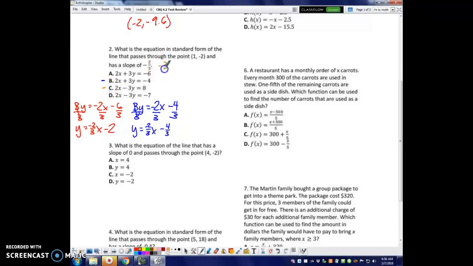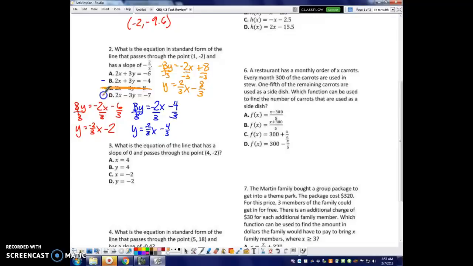So we have negative 3y equals, we move that over, it becomes negative 2x plus 8. Divide by negative 3. So we have y equals, negative 2 divided by negative 3 makes a what? Positive 2 over 3. And then 8 divided by negative 3 is just negative 8 over 3. Does this slope match? No, so C is out. Okay.